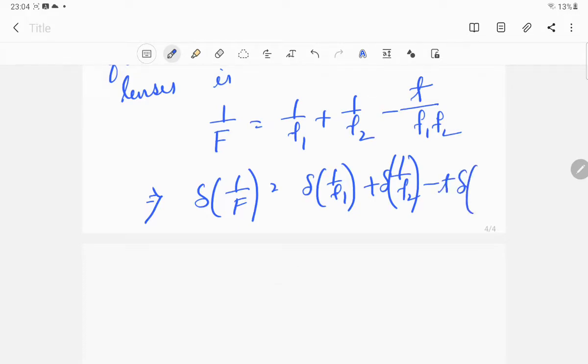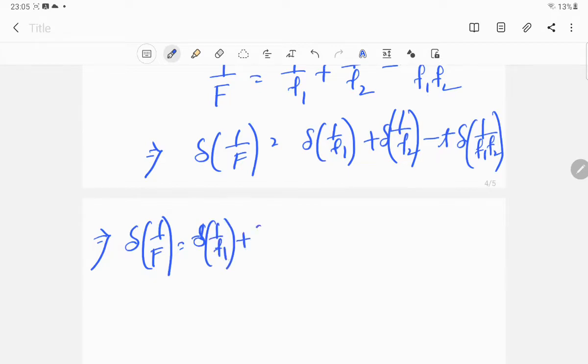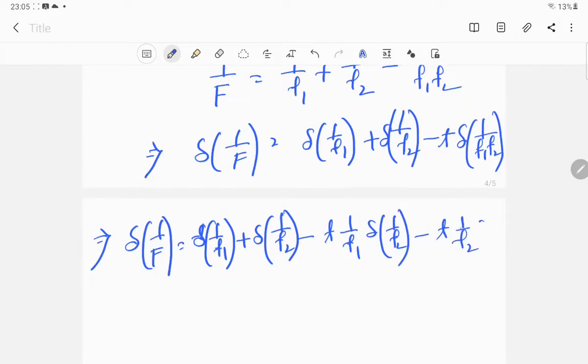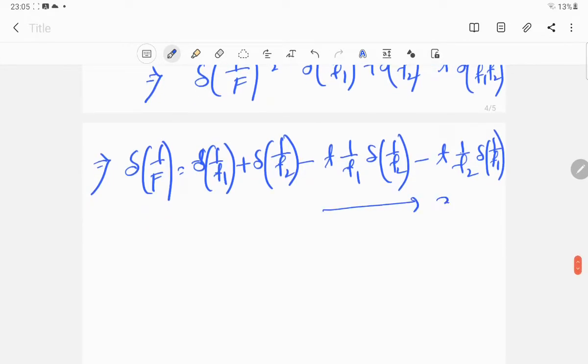Let me do it more clearly: del(1/F) = del(1/f1) + del(1/f2) - t[(1/f1) del(1/f2) + (1/f2) del(1/f1)]. Okay, that's all we have. Let it be equation number 3.